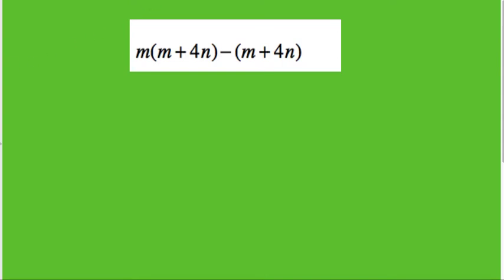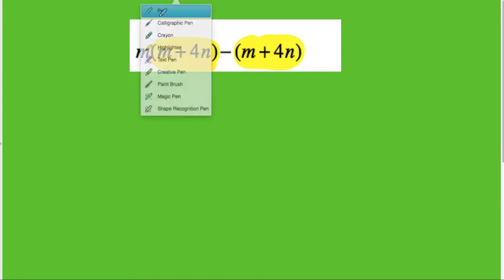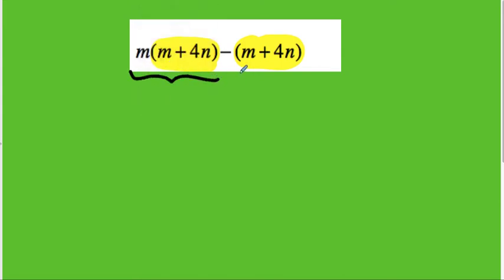When we factor by grouping, we had to be good at recognizing that sometimes a greatest common factor could be an expression. You can see that this has two terms. I know it's kind of funny looking, but this is a term and this is a term of a polynomial. So m plus 4n is a greatest common factor to both terms.